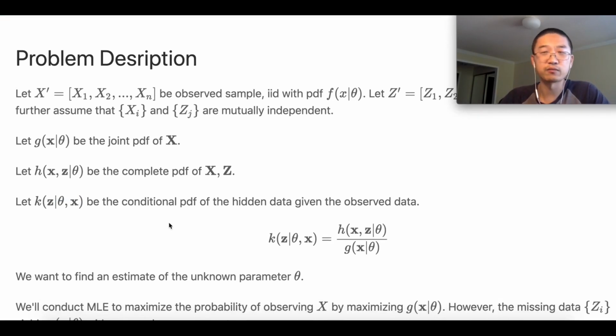So by Bayesian rule, given the sample x, we know the sample x, and theta, what is the probability of z, can be written by Bayesian rule h divided by g. So if you don't understand this, please comment on the YouTube video, and I will explain that in a separate video.